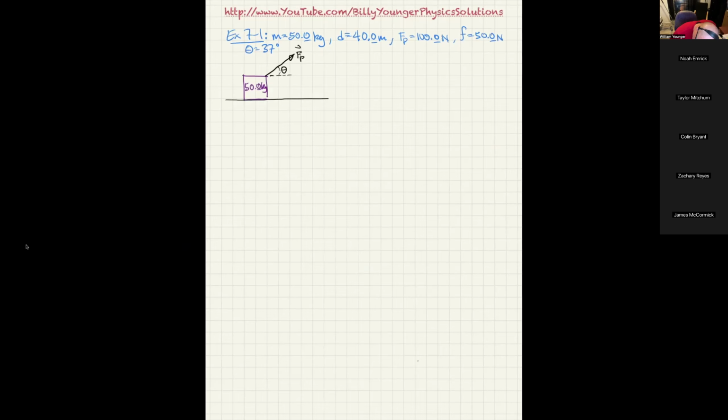Now, when I draw a free body diagram, what that's going to be is this, a 50.0 kilogram mass. Acting on it will be a normal force, Fn. Acting in the negative y direction will be the weight, which is mg. And if you multiply 50 times 9.8, you get 490 newtons.